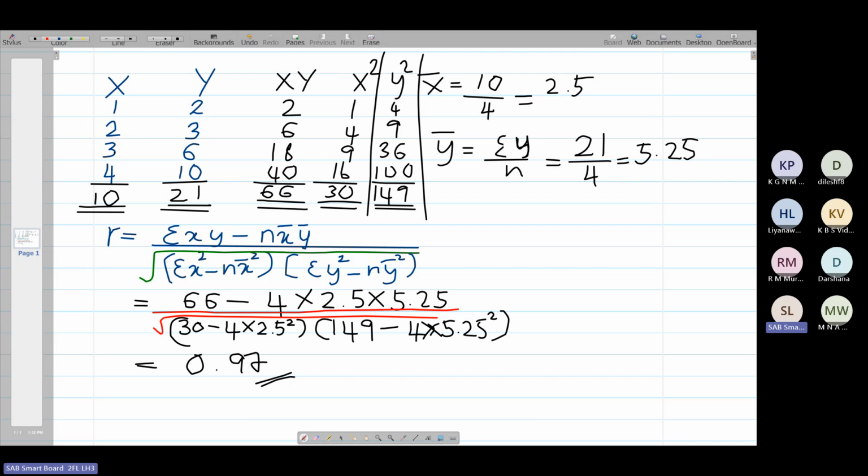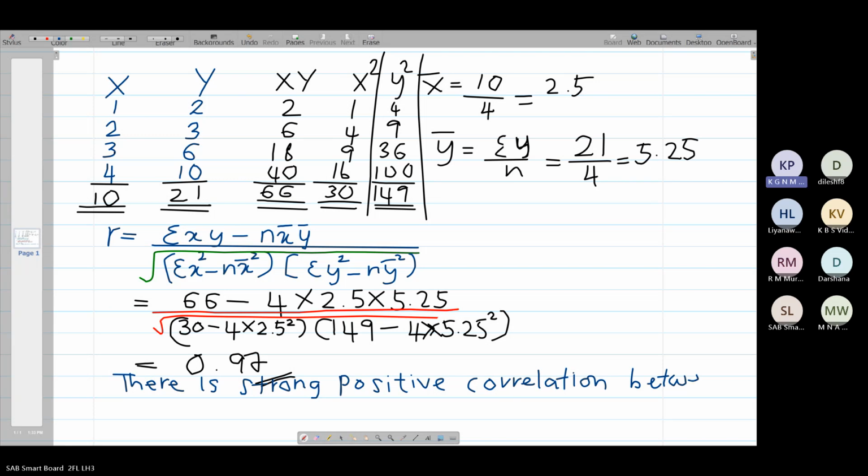This is the way we write the answer, the interpretation. There is a strong positive correlation between, here we do not know the variable names, so we can write x and y.